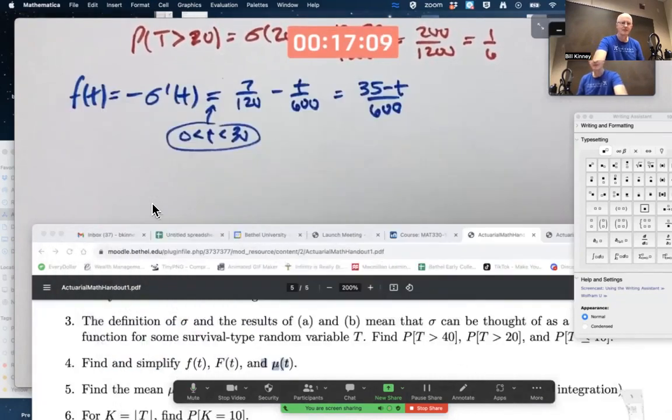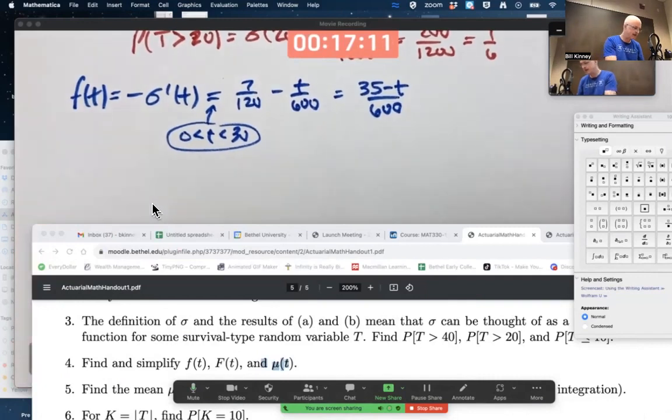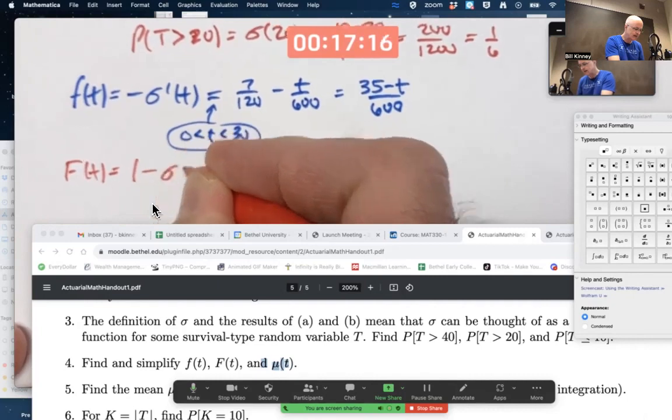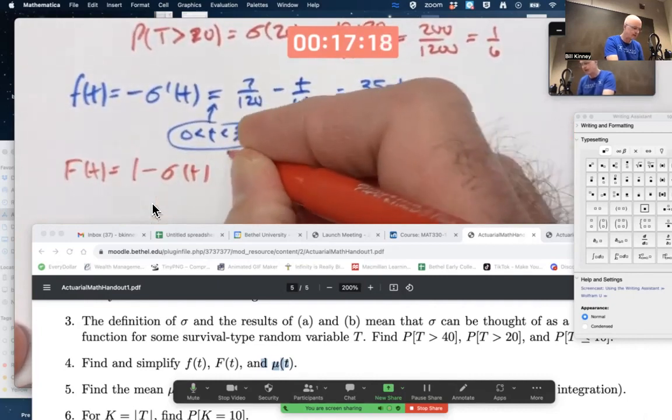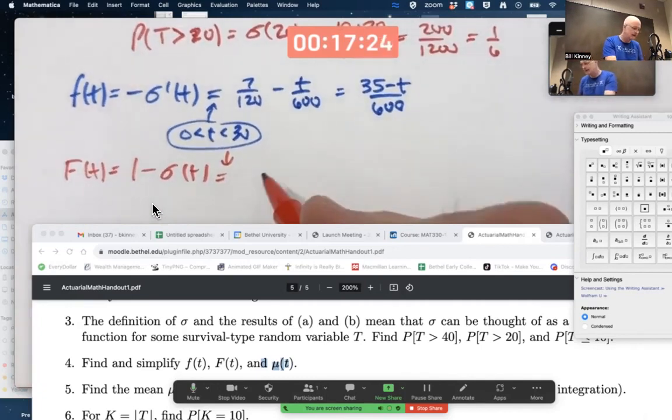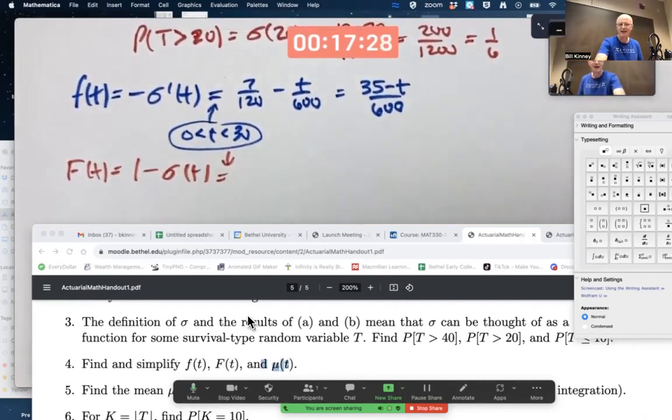CDF is 1 minus the survival function. Capital F of t is 1 minus sigma of t. Once again, let's just focus on when t is between 0 and 30, though again, I asked you to think about piecewise definitions for all t as well. So we just take 1 minus this thing.